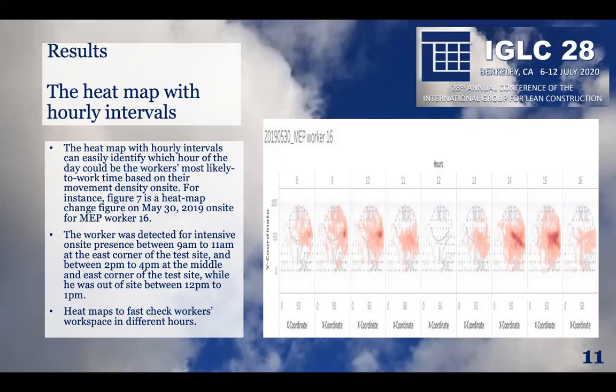The worker was detected for intensive on-site presence, for example, between 9 a.m. to 11 a.m. at the east corner of the test site, and between 2 p.m. to 4 p.m. at the middle and east corner of the test site, while he was not detected and probably was outside of site between 12 p.m. to 1 p.m.